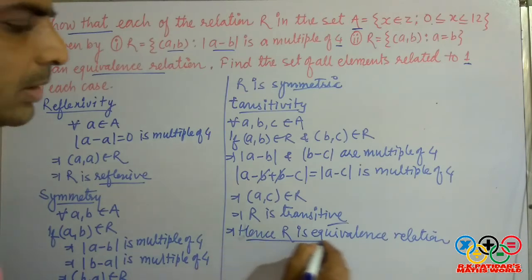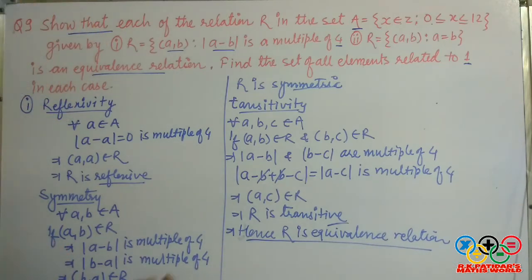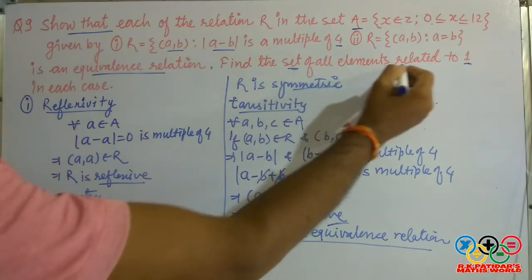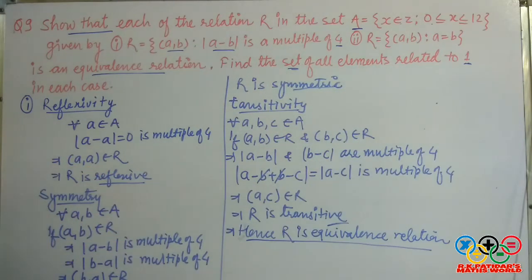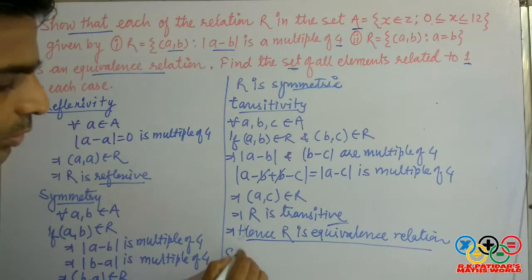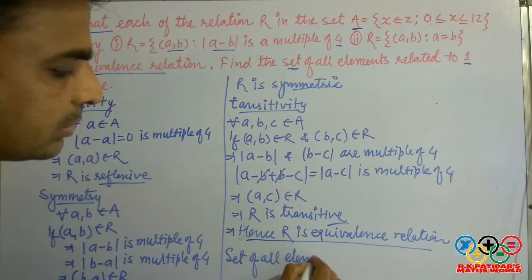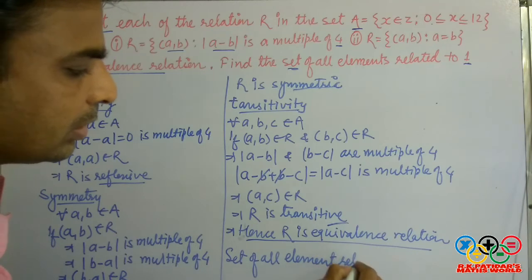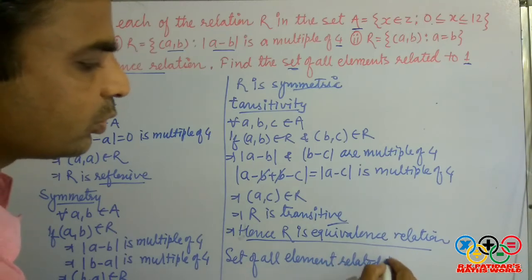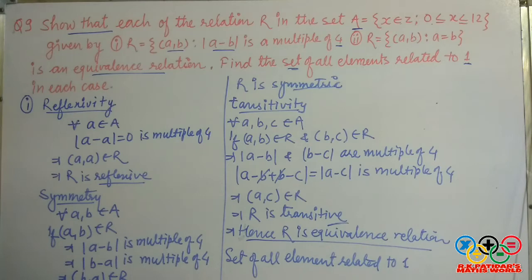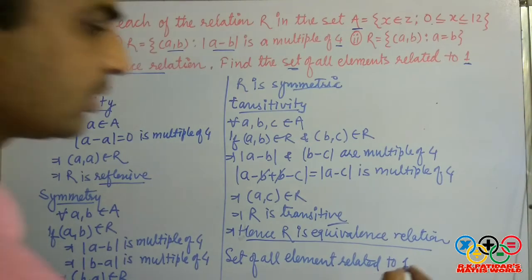Now, if it is an equivalence relation, we have to find the set of all elements which are related to 1. So the set of all elements related to 1 are what?